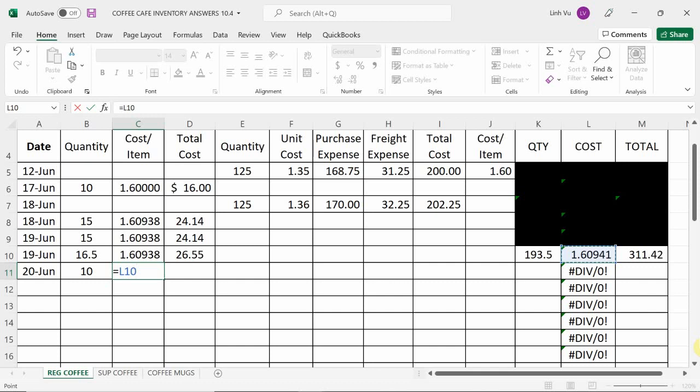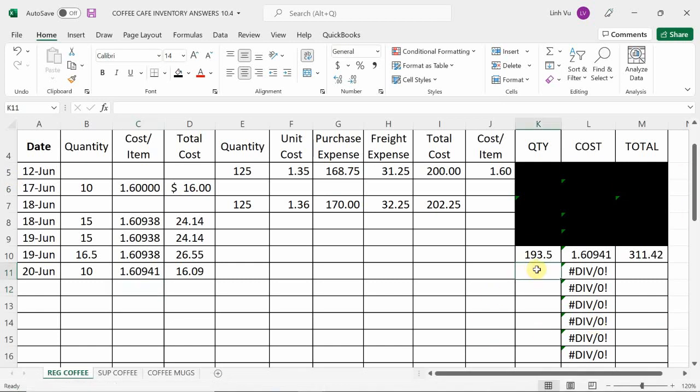Oh, but my question was, what's the total cost of goods sold? Because in this case, I have a feeling that Excel is going to calculate it for me. 16.09. Yep, there you go. So in this case, 16.09 is what I need to subtract out.